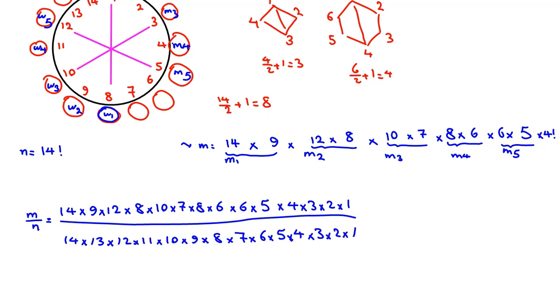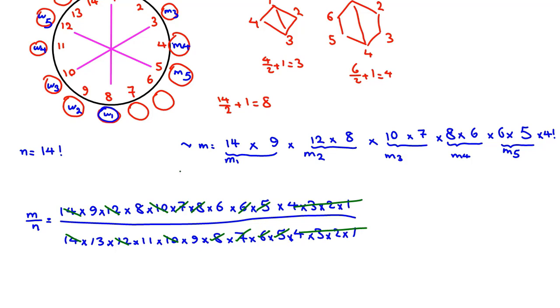Okay, so now it's time to simplify. We simplify 1 to 4. Also 5, 5, 6, 6, 7, 7, 8, 8, 10, 10, 12, 12, 14, 14.